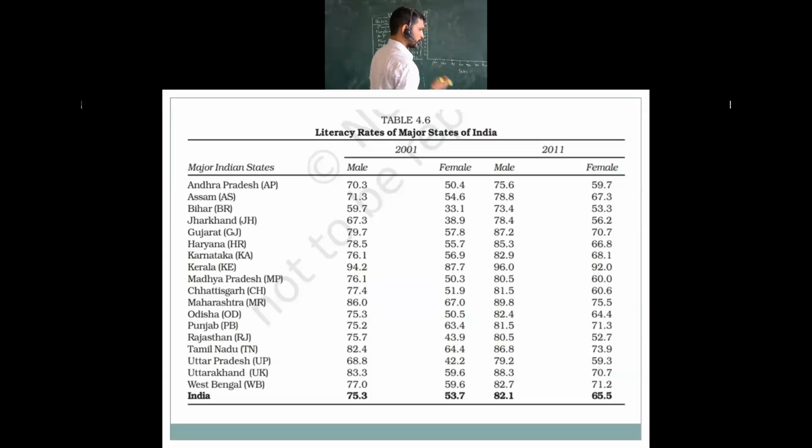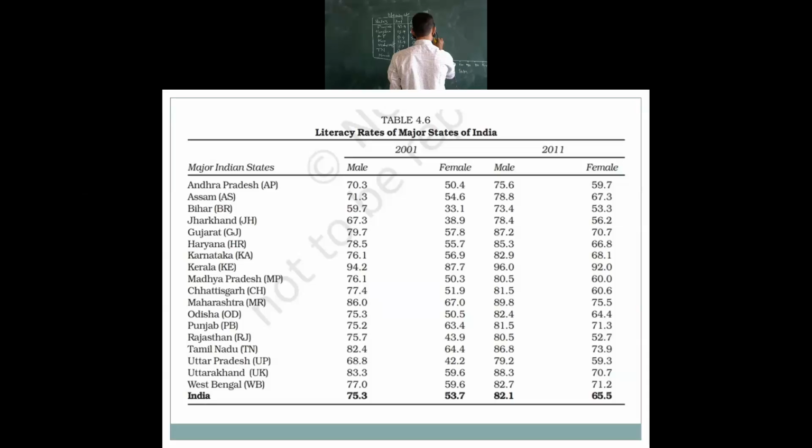On the y-axis, let's try to present this information. Punjab, in the year 2001, it was 44%. 44 means somewhere it will be coming here. In this way, 44% you are going to make. Then one more, 52. 52 means somewhere here.